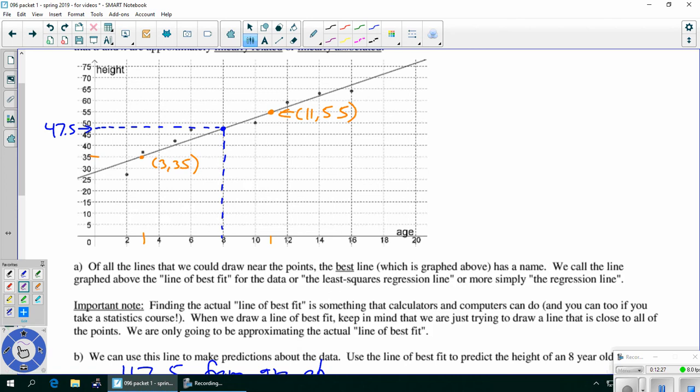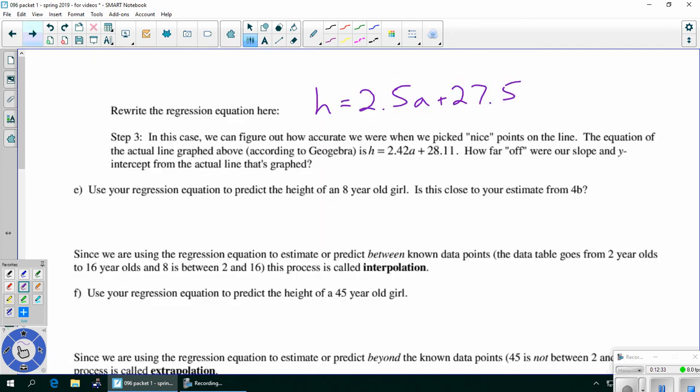We just did our best to try to find points with nice integer coordinates that look like they're on the diagonal line. So in this case, step 3, we can figure out how accurate we were when we picked nice points on the line. The equation of the actual line graphed above, according to GeoGebra, which is the software I used to make the graph on the previous page, the equation of that line is H equals 2.42A plus 28.11. And so how far off were we?